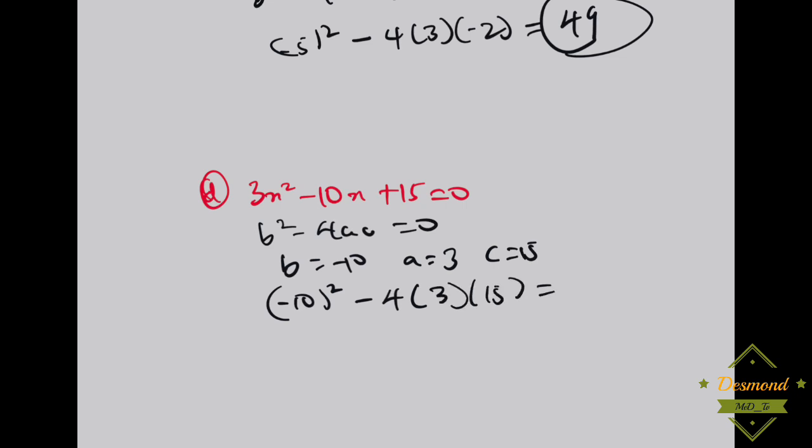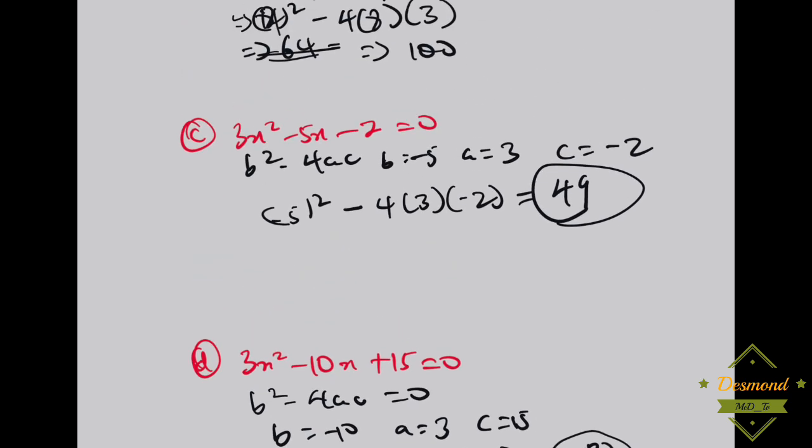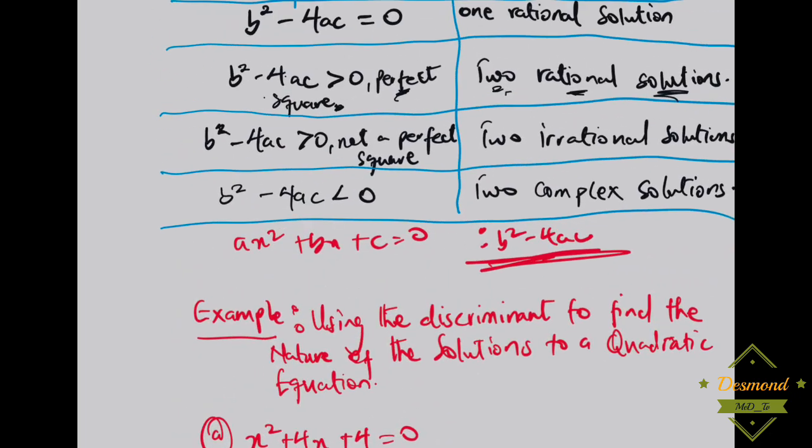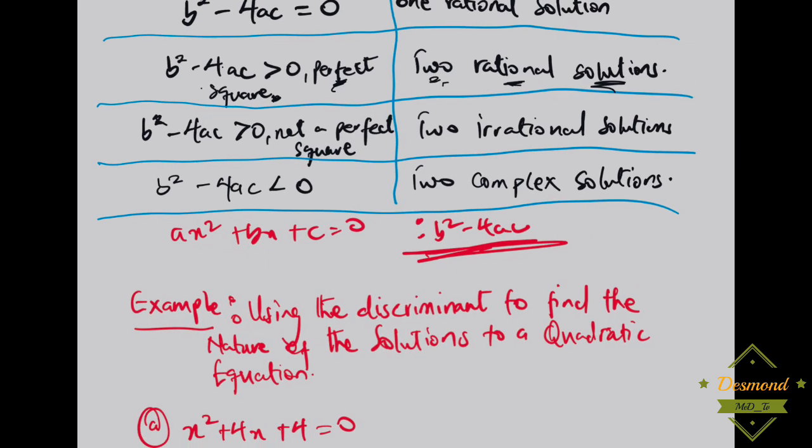When we do that, we should get negative 80, right? Negative 80 is less than 0, so there are going to be two complex solutions to this kind of equation.